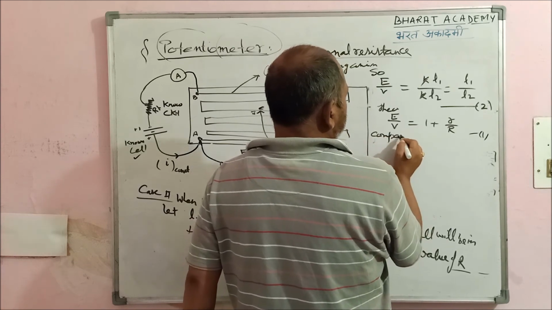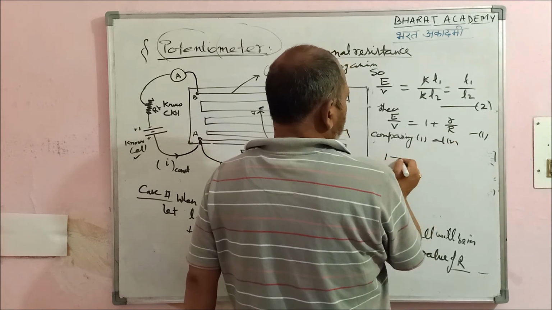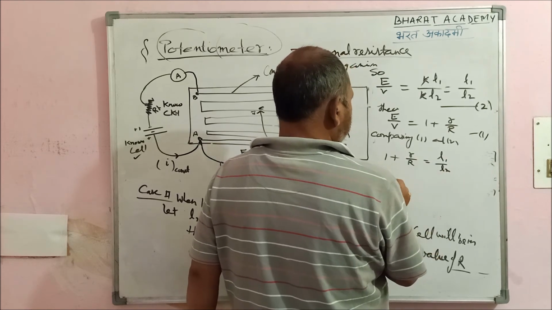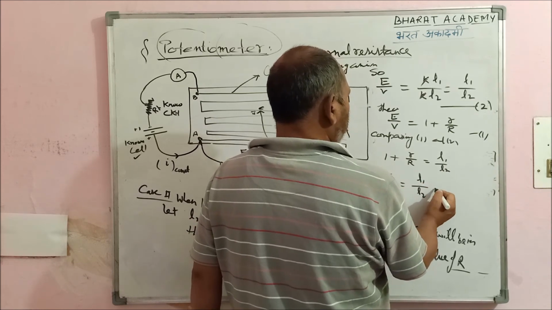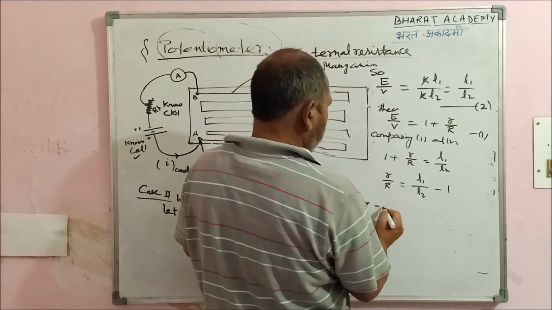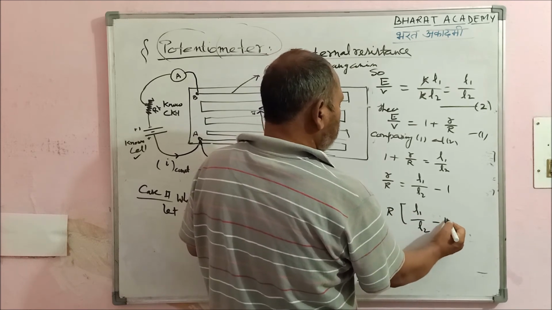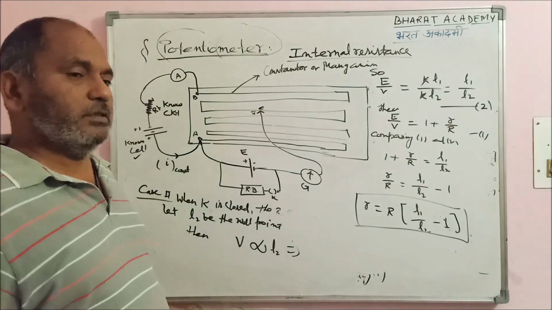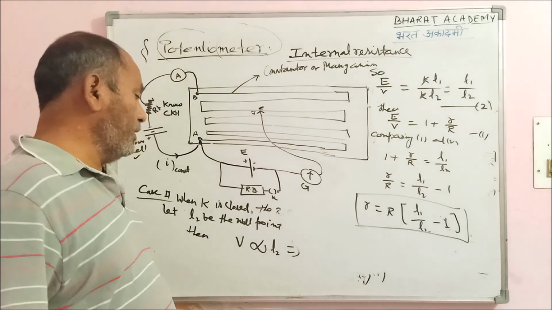Now comparing 1 and 2, what will we get? 1 plus r by R equal to L1 by L2. r by R will be L1 upon L2 minus 1. So the value of small r will be R into L1 upon L2 minus 1. That's how we will get the internal resistance of an unknown cell.